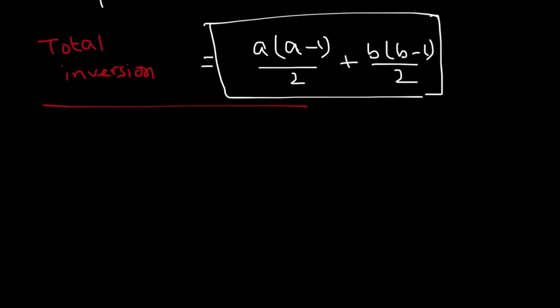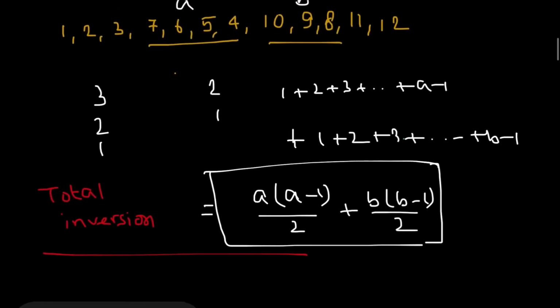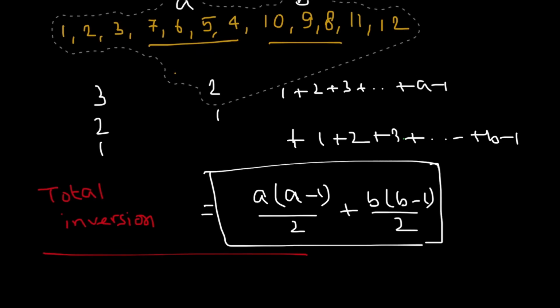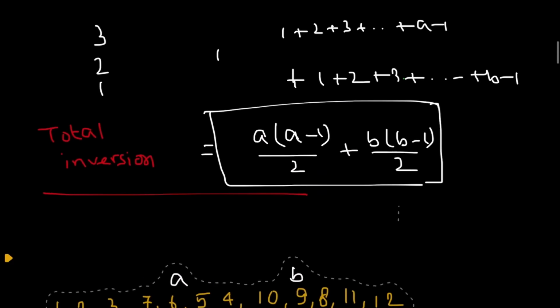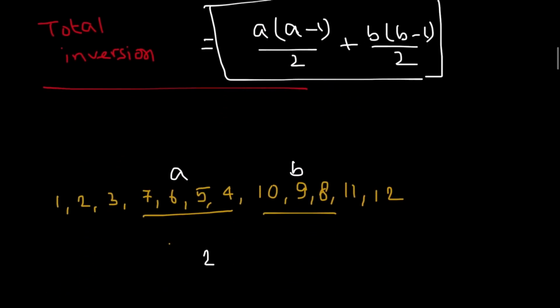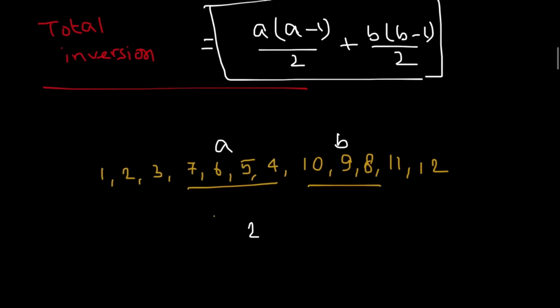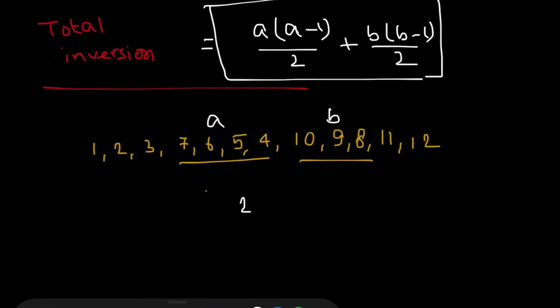Now, the second thing, I will just take it down here. Now, for the second observation, if you notice something like, let's say, for this part only, how many inversions are there?